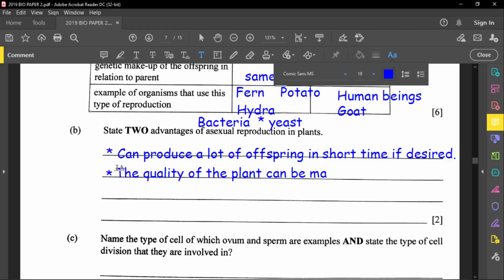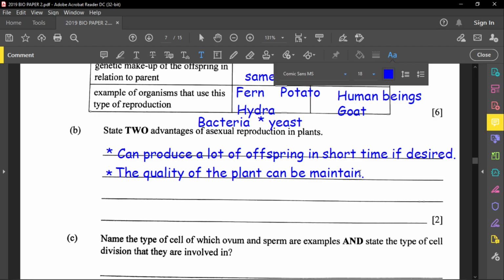And again, that is if you determine the trait of that plant to be quality. Let's say a sweet fruit, and you want to maintain the sweet fruit, the best way to reproduce that is asexually. If you reproduce the plant sexually, then the quality of the fruit can change because there'll be variation, right? So the quality of the plant can be maintained.